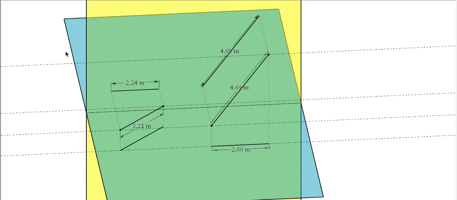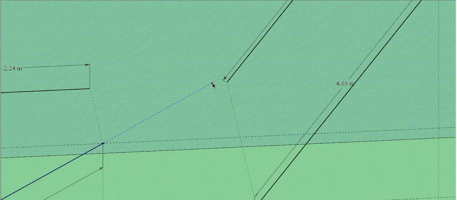So see, this particular line is inclined to the vertical plane. If we extend this line so that it intersects the vertical plane, let's see. Yeah, so this line has been extended, and it intersects the vertical plane at this point here.